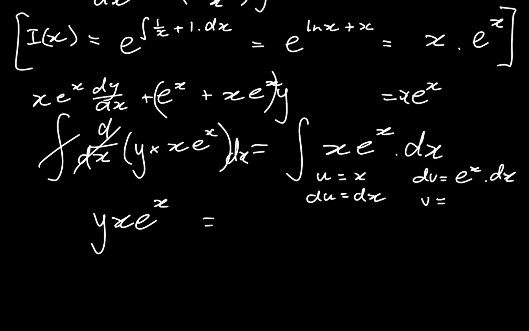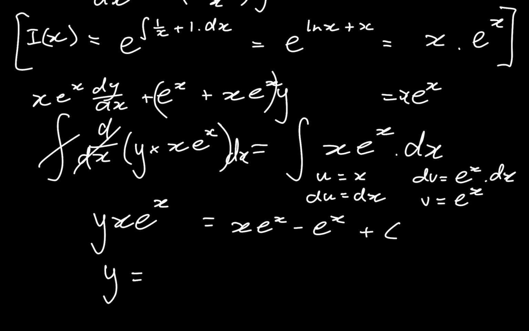So therefore we say that this integral is equal to x e to the power of x minus the integral of v du, which is e to the power of x dx. And we know this integral to simply be e to the power of x. And then, of course, we don't forget our constant plus c. So now it's really easy to solve for our y. We just take this across.